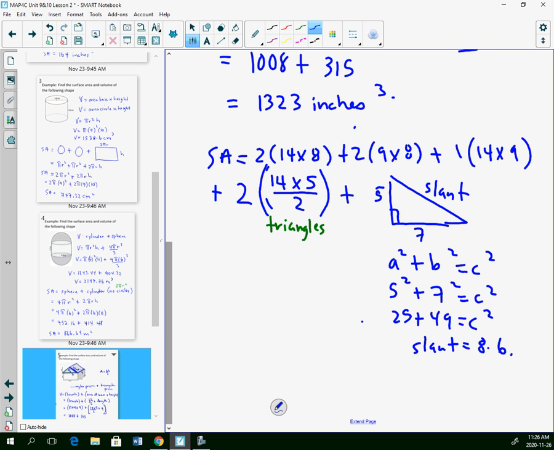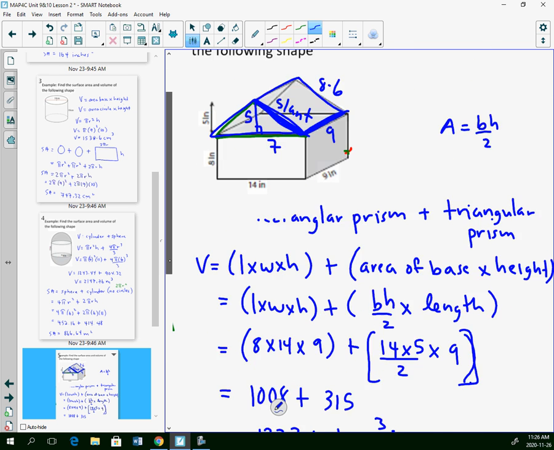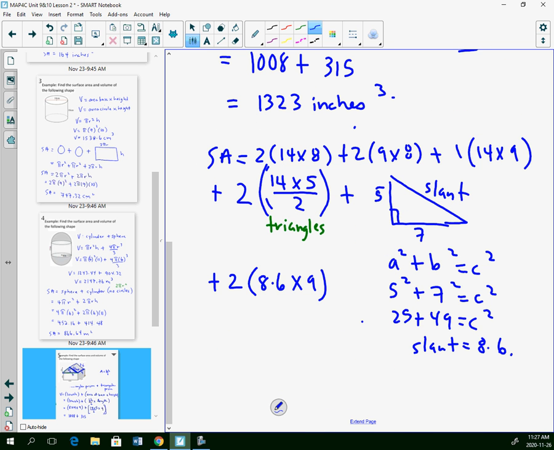Okay, so you're going to have to do that as a separate calculation. So you've got two sides that are 8.6 times 9, right? So we just figured out this is 8.6 and the length is 9. And you've got two sides that are that. Okay, so we're going to total it all up.